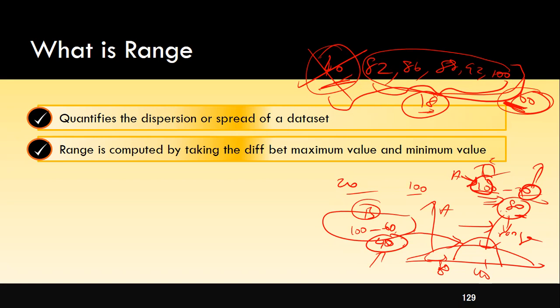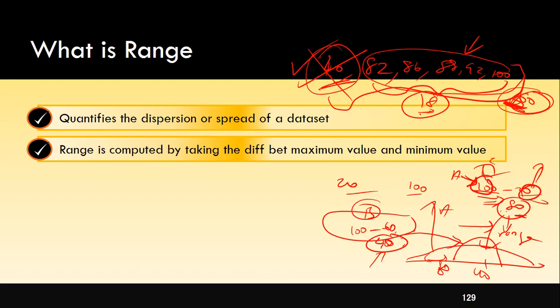Since you don't have the outlier here, it shows the real picture: the spread is actually not much. Just because I had an outlier in my data set, it was making me think the spread was too wide. Actually, it is not.